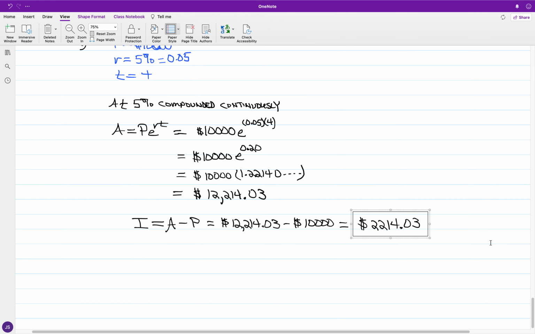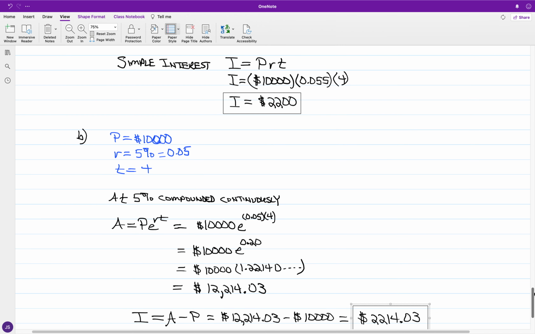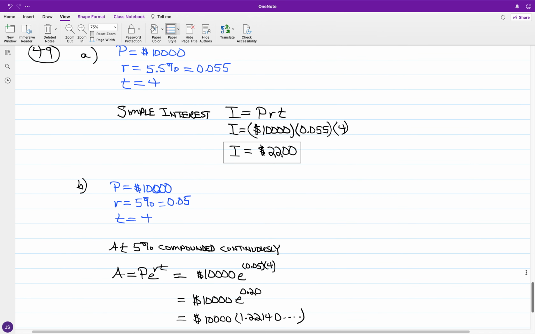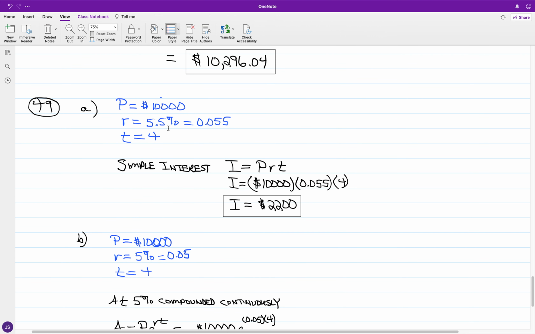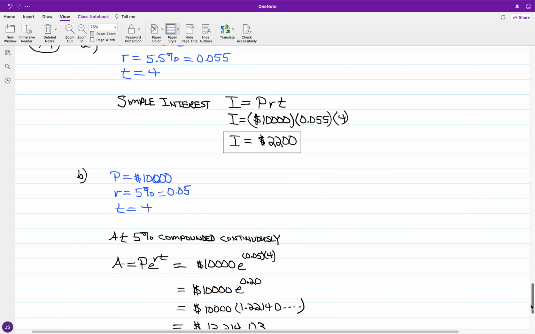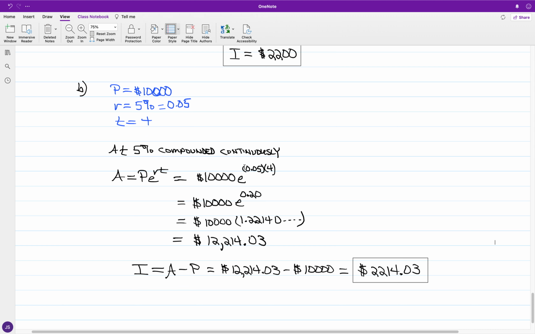And in terms of how the numbers compare, with the simple interest plan we had the interest accumulated to be $2,200. In spite of having the higher quoted percentage rate, the amount of interest with simple interest is less than what we have with continuous compounding at half a percentage point lower.